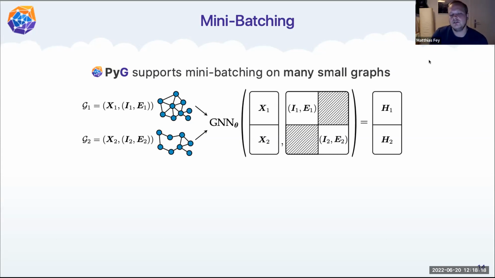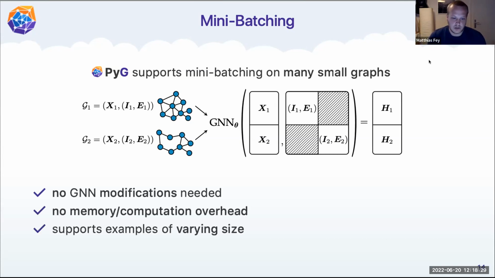And you can actually do that by just stacking your adjacency matrix in a diagonal form and concatenating your node features in the node dimension. Importantly, this will not require any GNN modifications because, as you can see, message passing on the supergraph will not exchange messages between nodes in different examples, because they do not share any edges.